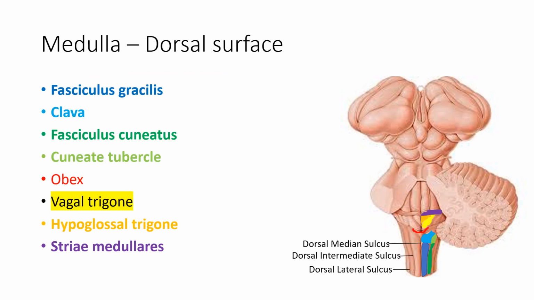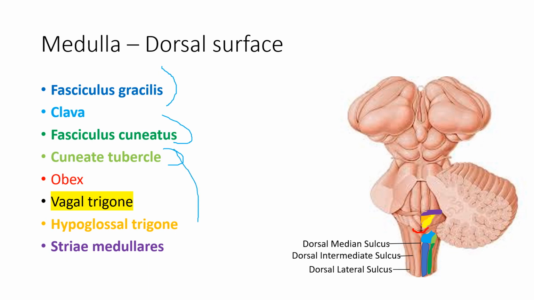And our medulla dorsal surface here, so we could see fasciculus gracilis and fasciculus cuneatus, and then the tubercles, kind of where they end up here. Okay, so fasciculus gracilis, fasciculus cuneatus of the dorsal columns, and then their tubercles. Let's see, gracilis tubercle noted here, but get the idea.